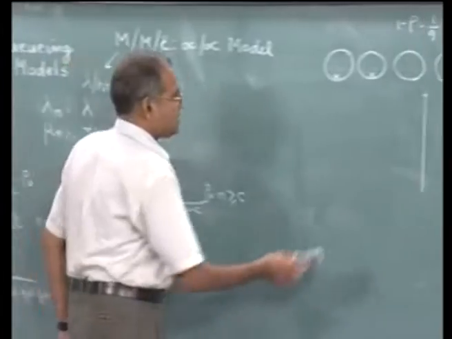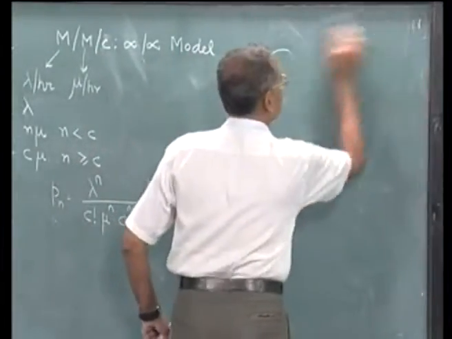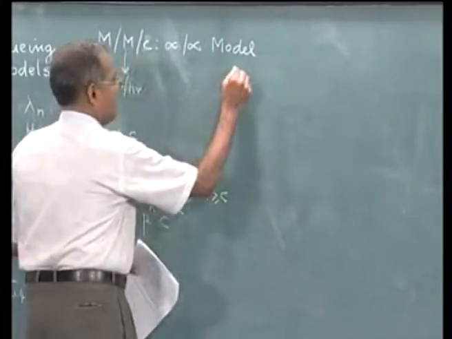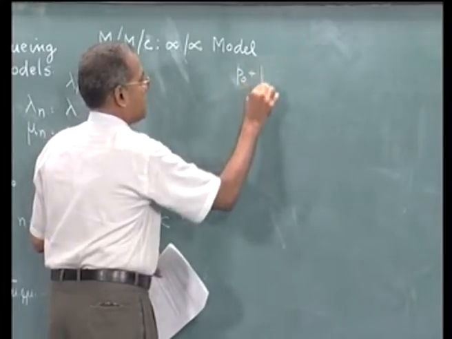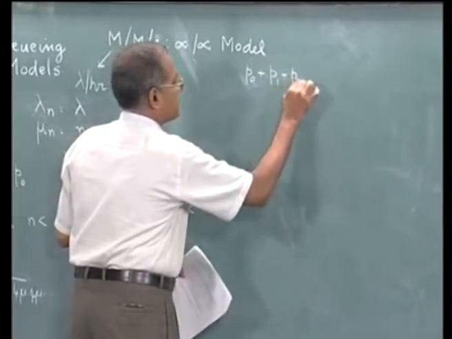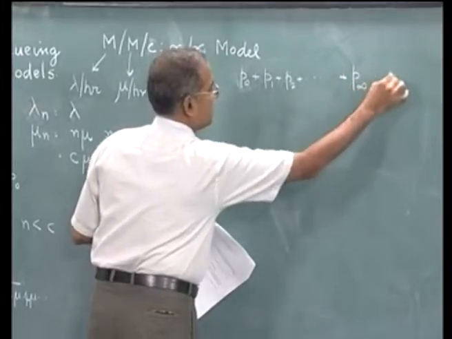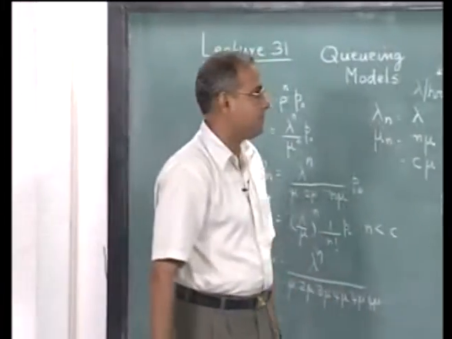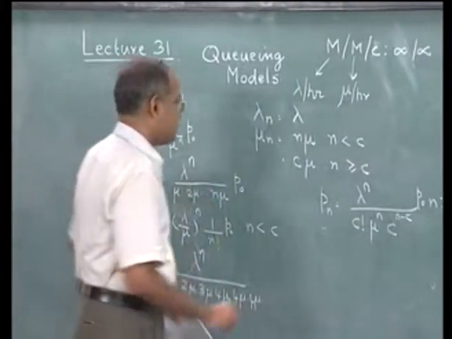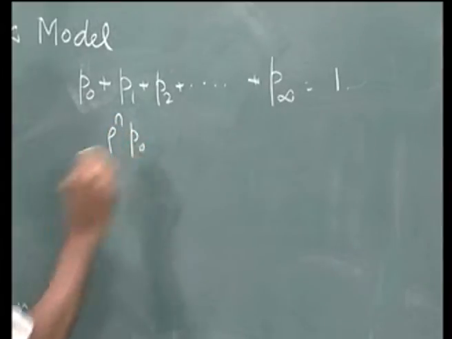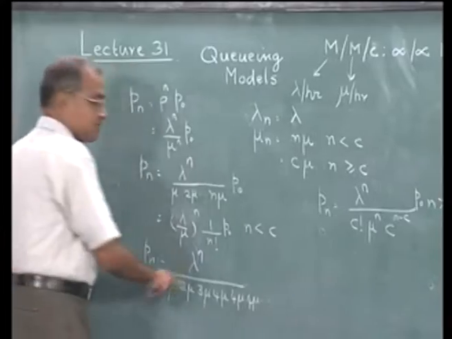Now, using these two expressions, we also have P naught plus P1 plus P2 plus up to P infinity is equal to 1. So, a general Pn will now be like this, which is rho power n P naught, because lambda by mu is rho.